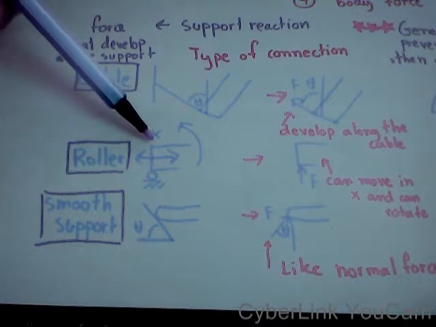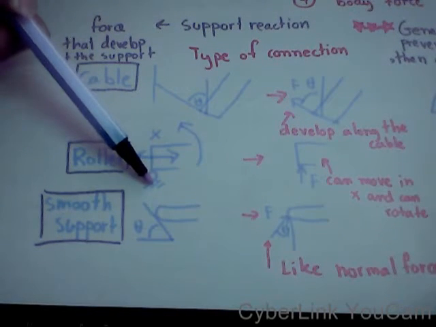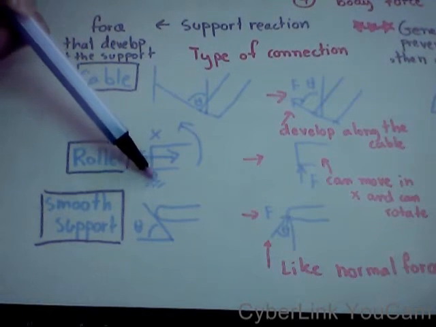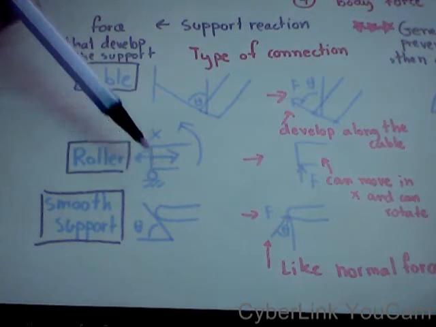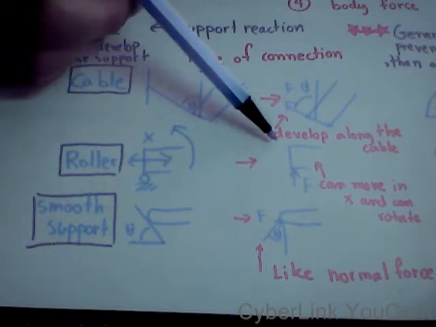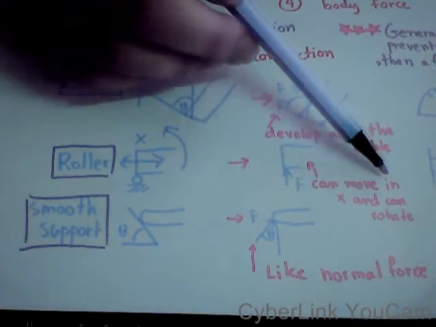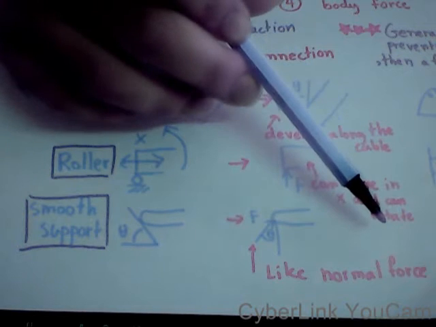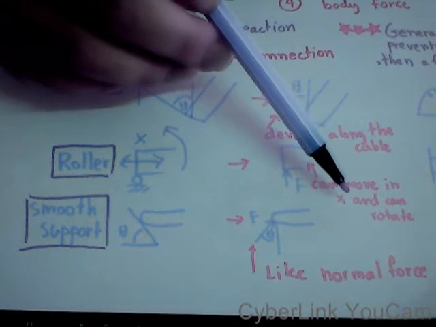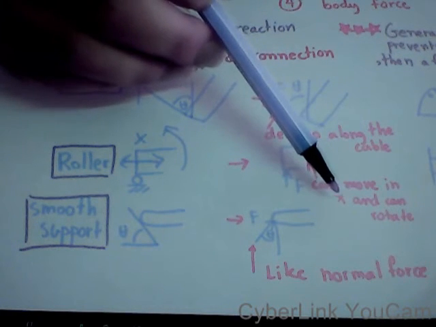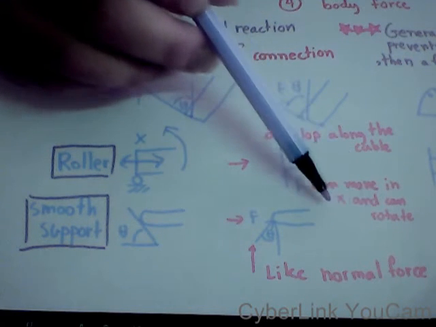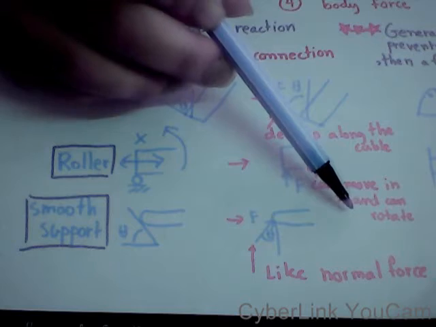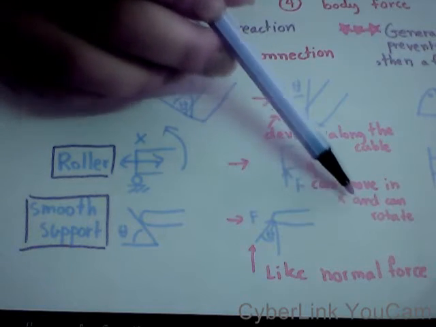When you push this force, the roller will make reactions along the y direction. So the roller, you can move in x and can rotate, so no prevented force along x or no prevented moment for this roller.